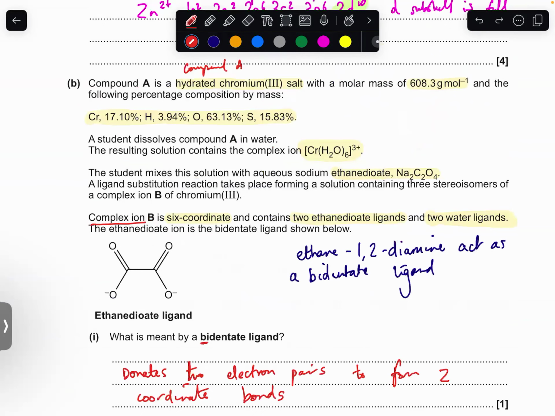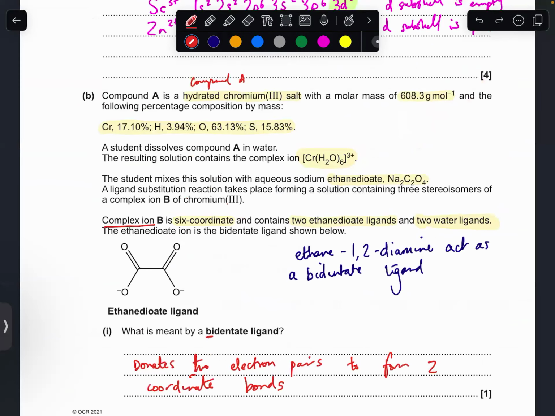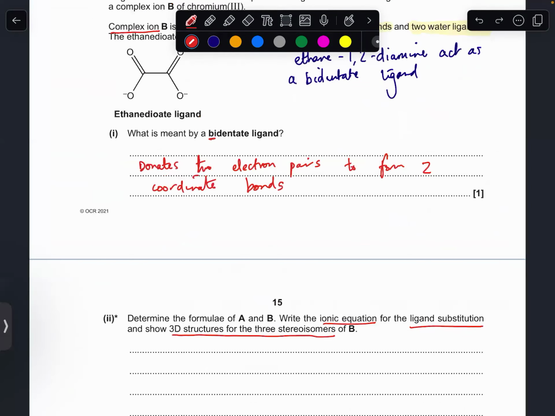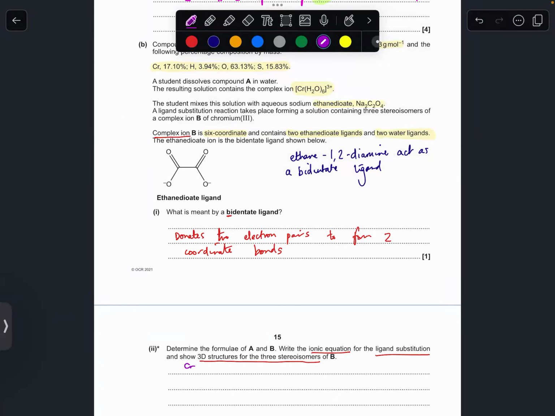The elements we have: chromium 17.10, hydrogen 3.94, oxygen 63.13, and sulfur 15.83.